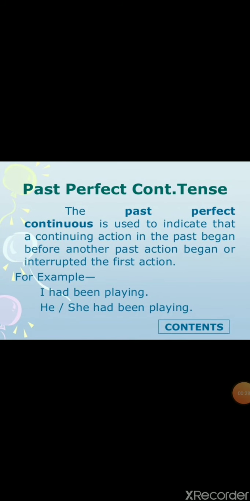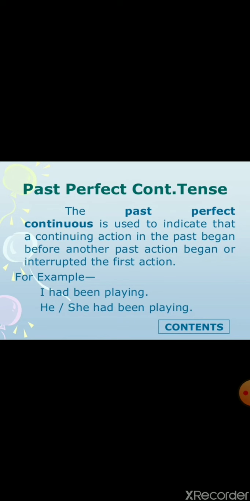Next aspect, past perfect continuous tense. It is very important to understand that it will show two aspects. First is completion, second is continuity as well. Now look at that. The past perfect continuous is used to indicate that a continuing action in the past began before another past action began or interrupted the first action. I repeat the definition once again. Don't get confused.